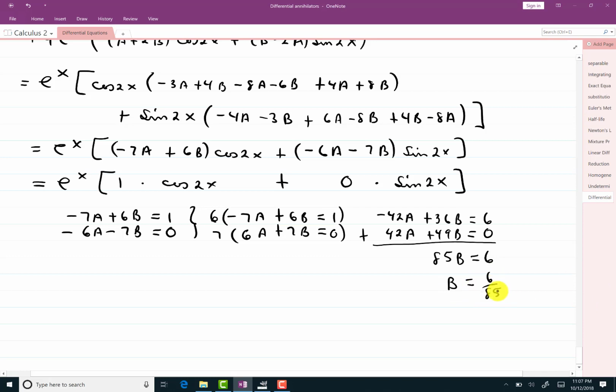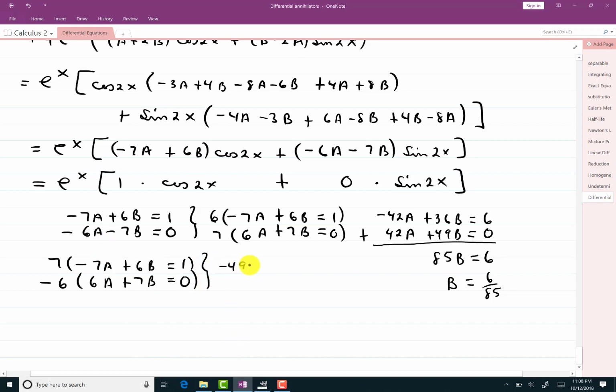Now you can take that, plug it in, and find the other value, but I prefer to start back here again. This time I'm going to want to wipe out the b, so I'm going to multiply the first equation by 7, and the second equation by negative 6. This will give me 42b's and a negative 42b in both cases. So what do I get?